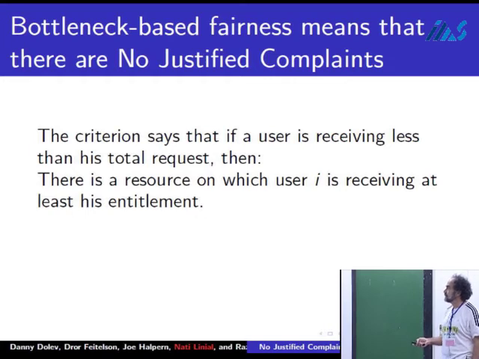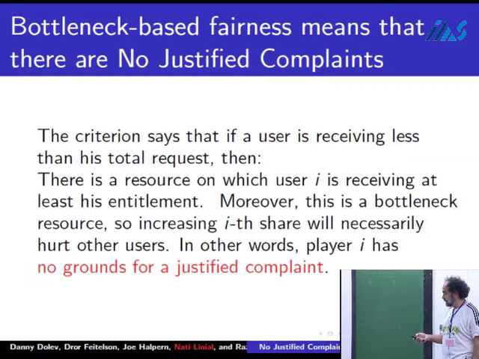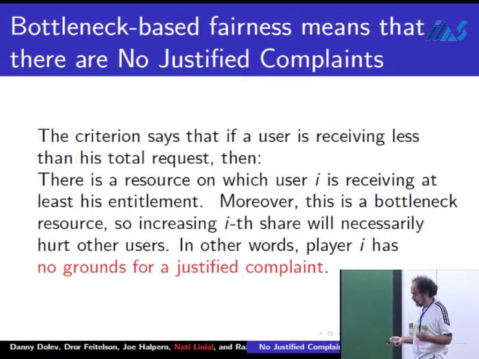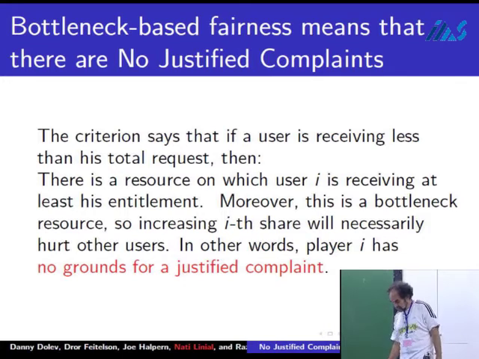For each user, either the user is receiving his full request, or there is a resource on which this user is receiving this user's entitlement. But moreover, this is the bottleneck resource. So if I wanted to increase the share of this user, then I have to harm other users, because there is a bottleneck resource on which this happens. So in other words, there are no reasons for justified complaints.